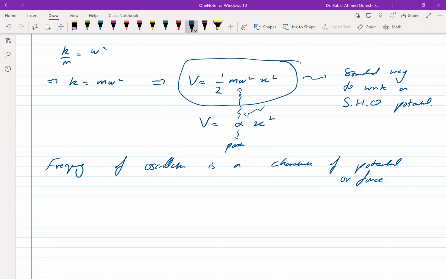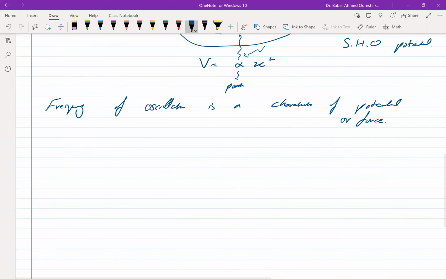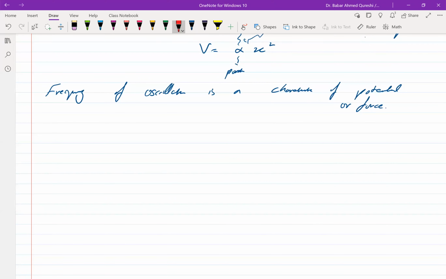And why is this potential so important in physics? Well, if you are describing any particle which is trapped, your potential will look something like that. What does this mean? This means if I leave a particle here, for example, there will be a force in this direction, so it will try to roll down.